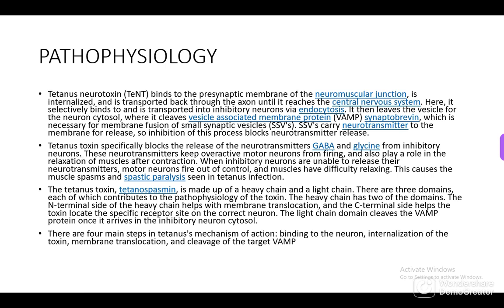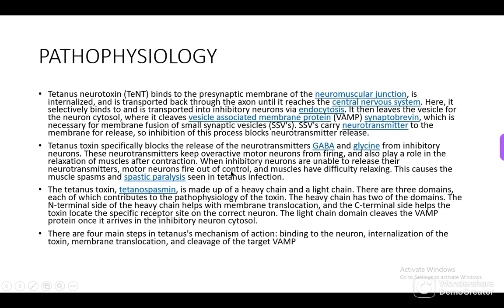And that is why overactive muscles occur. The muscles are contracted and spasms occur. These neurotransmitters keep overactive motor neurons from firing and also play a role in relaxation after contraction. There will be a prolonged relaxation afterward, and then again relapses: contraction, relaxation, contraction, relaxation.